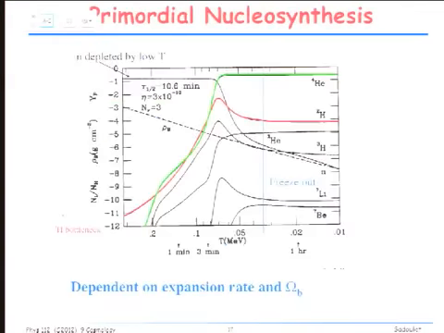And then when the temperature is small enough so that you cannot go over this potential barrier, everything freezes out. So in the space of a few minutes, you are forming all the light nuclei in the universe.